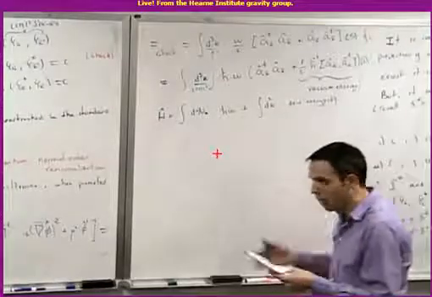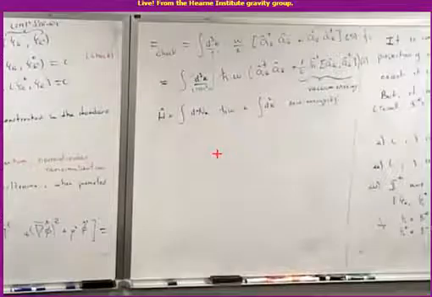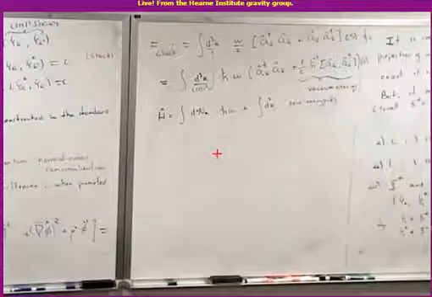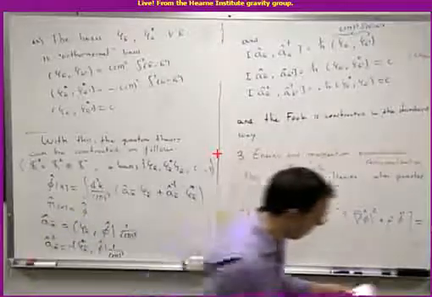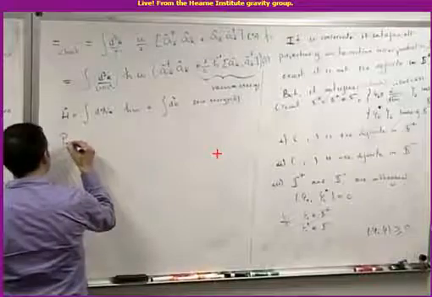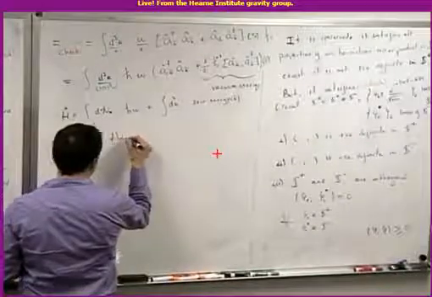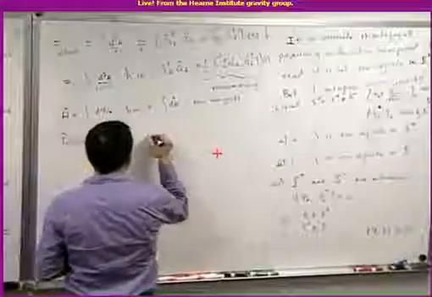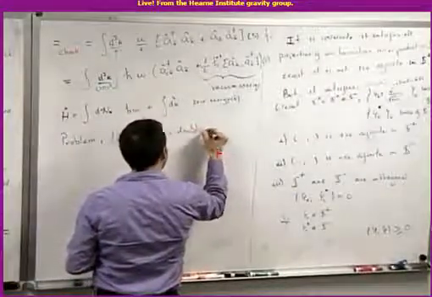And what we want now is to discuss this. In some respect, it's similar to the harmonic oscillator, but there are important differences. So the problem: this Hamiltonian is doubly divergent.